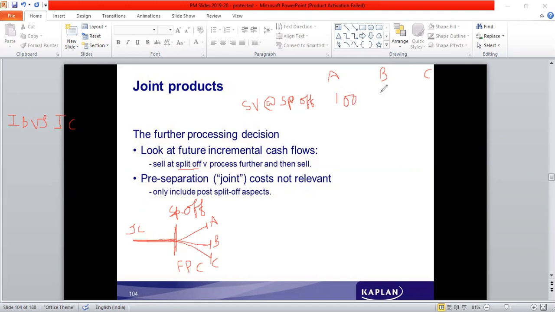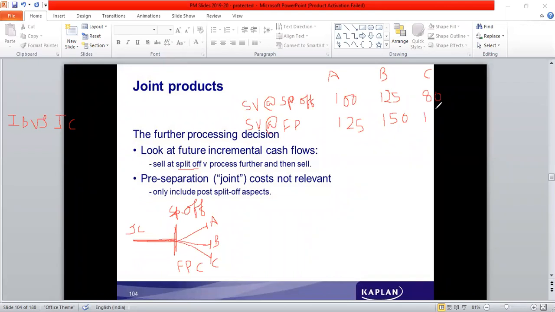Let's say this has a sale value of 125. This has a sale value of 80. And then take the sale value after further processing. Here we see that this is 125. This is 150. This is 100.